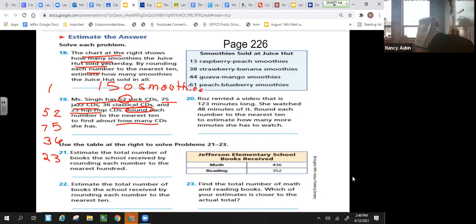I like how Miranda's circling them. She's circling them in the text. That's a great strategy. Another strategy might be to cross them off once you've done it, so you get them all. There's 1, 2, 3. You have 4 numbers that you're rounding and adding. Make sure you have 4.